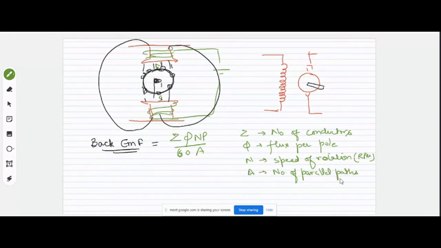On which factor does this A depend? You must have read that A could be equal to P or it may be equal to 2. Did you study something like that?